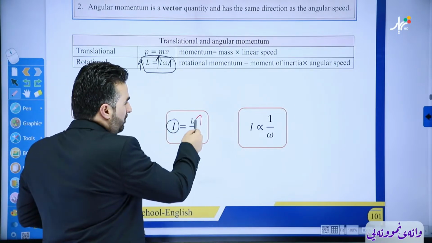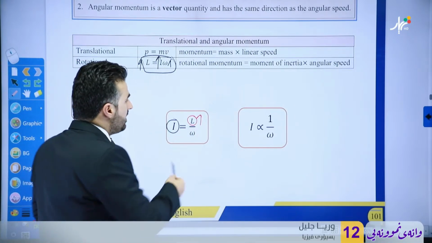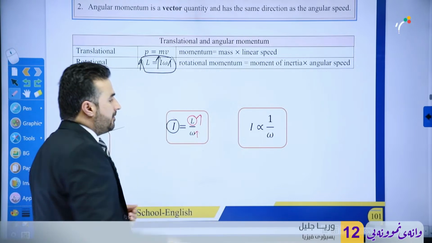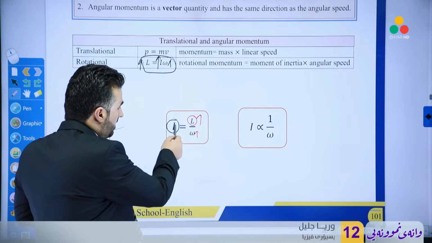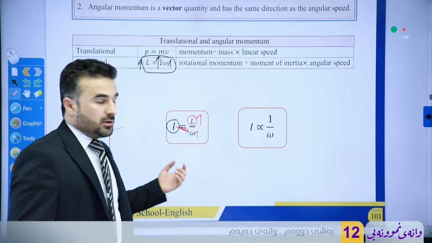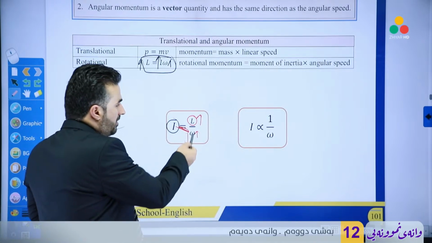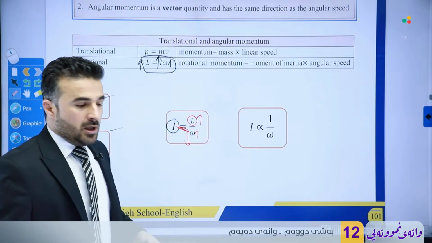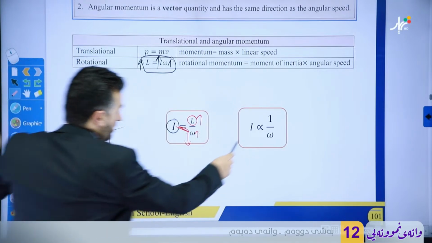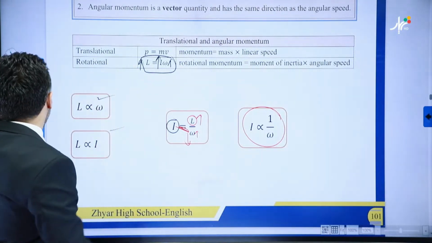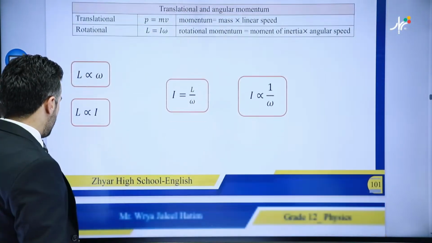And if we keep this one constant, then by increasing the angular speed, moment of inertia would decrease, because these two are inversely proportional. And by lowering the angular speed, moment of inertia will increase. So the relationship between the two is inversely proportional.